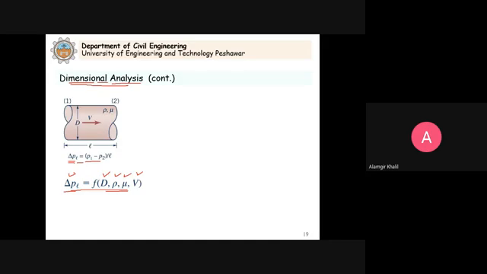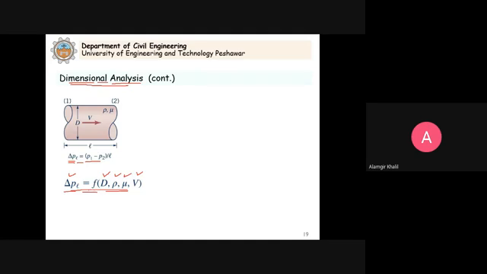And now how to conduct the experiment? If there is one independent variable and one dependent variable, it's very easy to conduct the experiment. You just change the parameter, calculate the other parameter, and then plot a graph or do the regression analysis. You can easily develop a functional relationship. But as the parameters increase, it becomes very difficult.